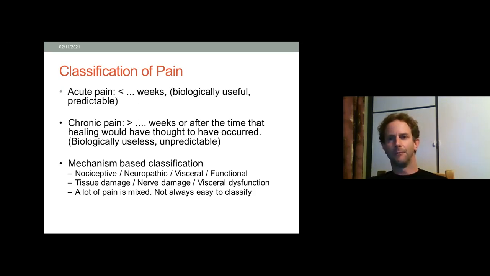You can then break down pain further from acute and chronic pain into a mechanism-based classification. So whether that's nociceptive pain, neuropathic pain, visceral pain, functional pain, which is semi-useful, but most pain is mixed. It's not particularly easy to classify, and patients will often look at you like you're completely mad when you ask them what kind of pain they're feeling, or if you ask them to describe their pain.